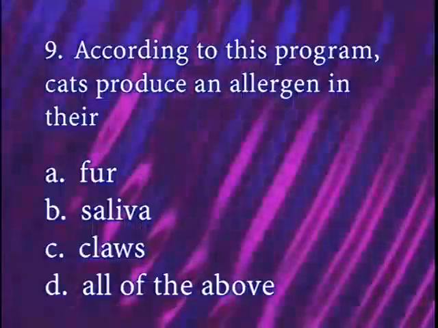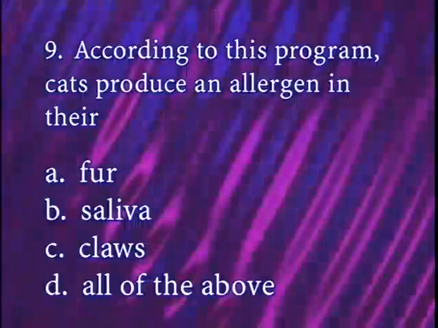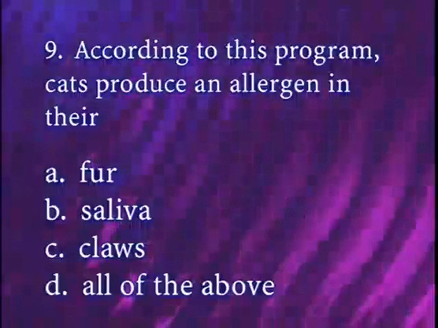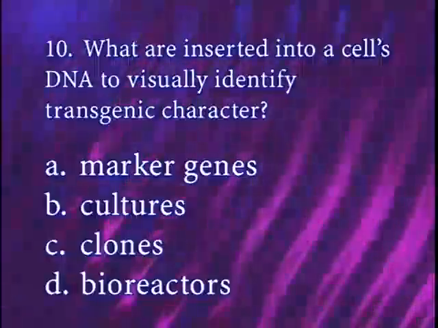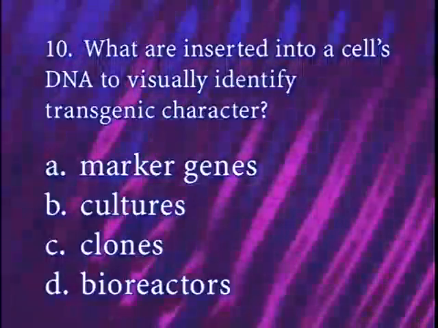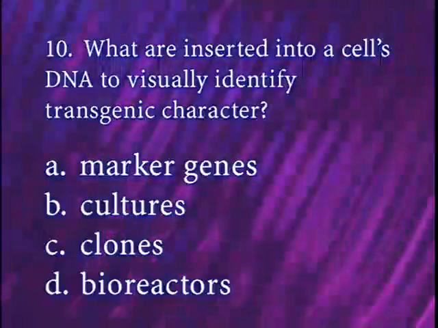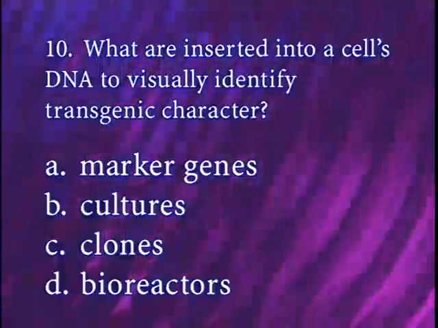B. Saliva. C. Claws. D. All of the above. What are inserted into a cell's DNA to visually identify transgenic character? A. Marker genes. B. Cultures. C. Clones. D. Bioreactors.